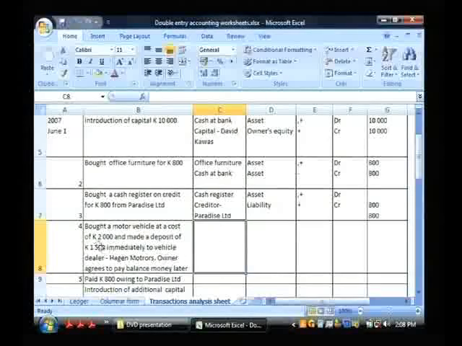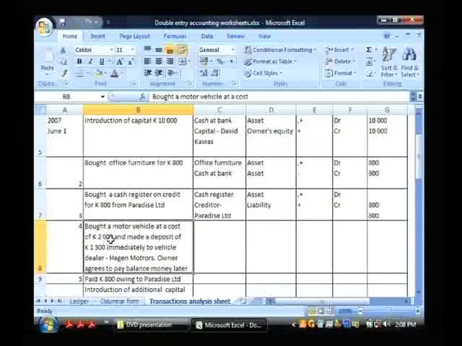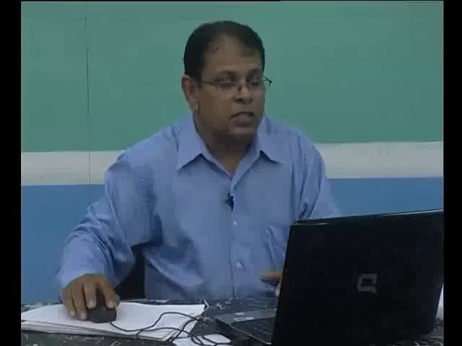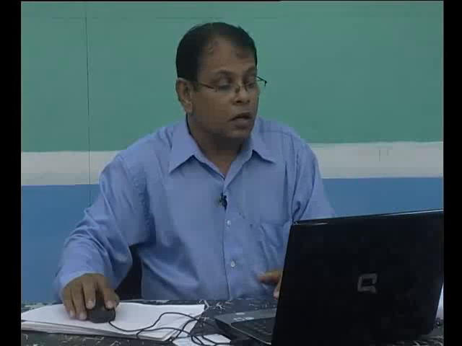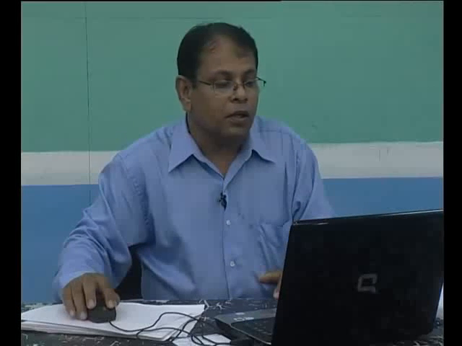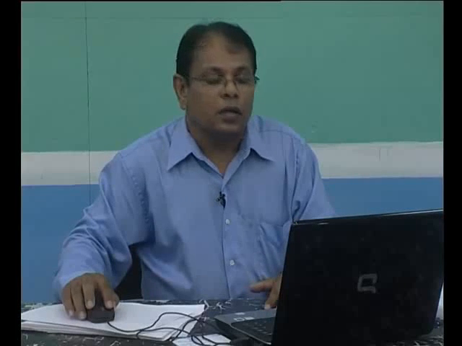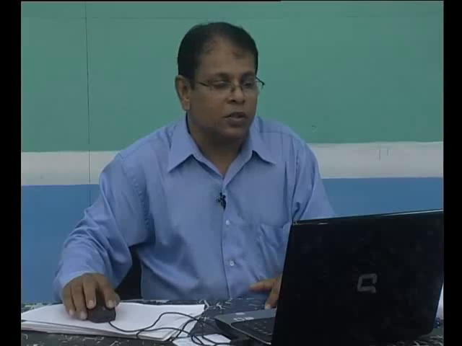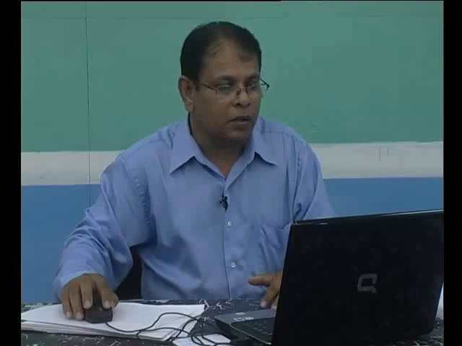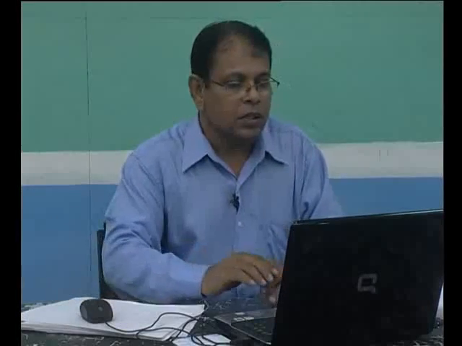And the transaction that took place on 4th is a little bit complicated, but it is real. The business has purchased a motor vehicle. The cost of the motor vehicle is 2,000, and immediately the owner made a deposit of 1,500, and the balance amount is paid later. So this is real, and these are happening in the business world.